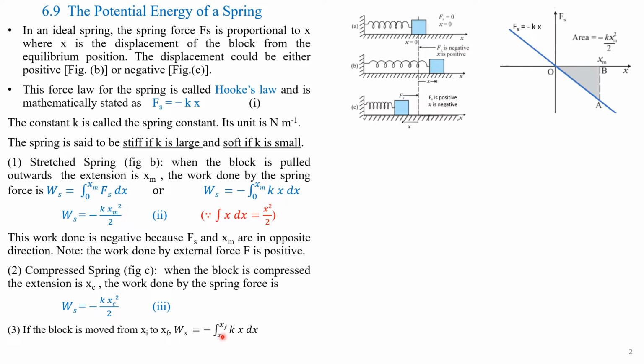The only difference in this case is that the limits are xi to xf, where xi is the initial position and xf is the final position. Therefore, simplifying, putting the limits and integrating, we get Ws is equal to k xi square by 2 minus k xf square by 2. Let it be equation 4.